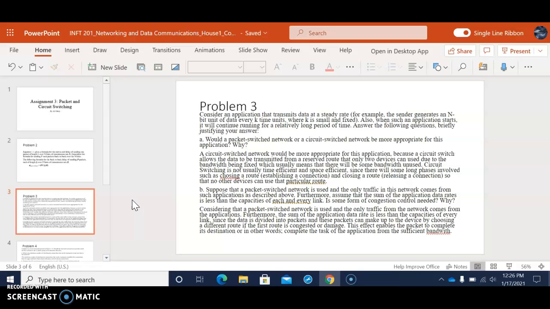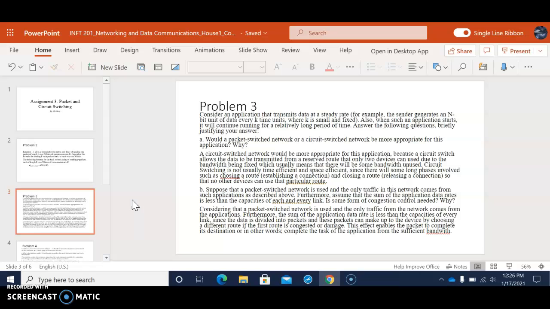And the packets in packet switching choose wherever they're going in the route. So in packet switching, there can be more than one route for the packets. Why?